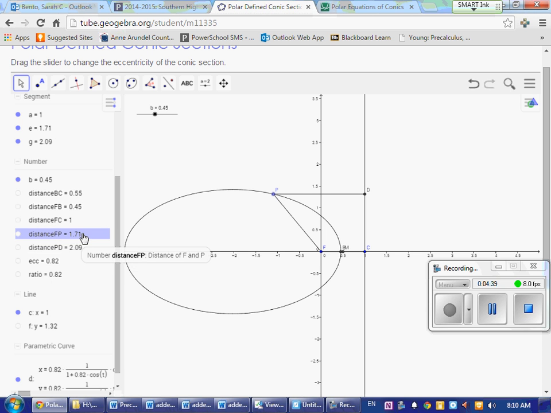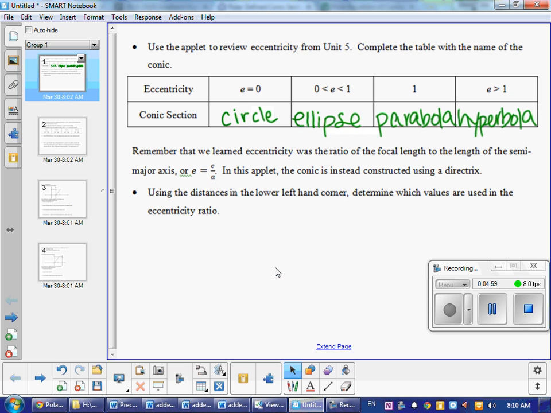Grab your calculator and do 1.71 over 2.09. And you get 0.818, which rounds to 0.82. What's the eccentricity of this ellipse? 0.82. Good.